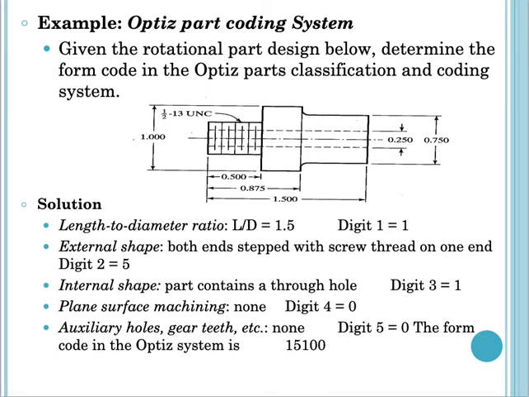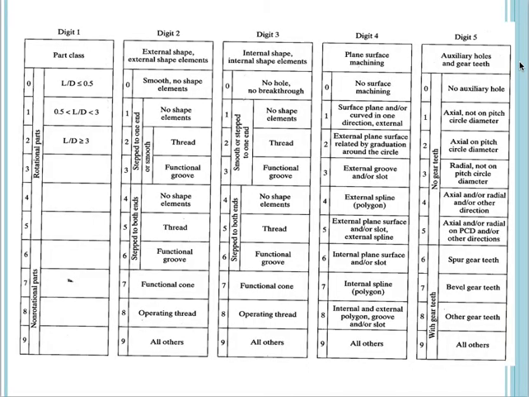Next is auxiliary holes or gear teeth. Digit 5, auxiliary holes and gear teeth, has not been mentioned, so automatically the fifth is also 0.